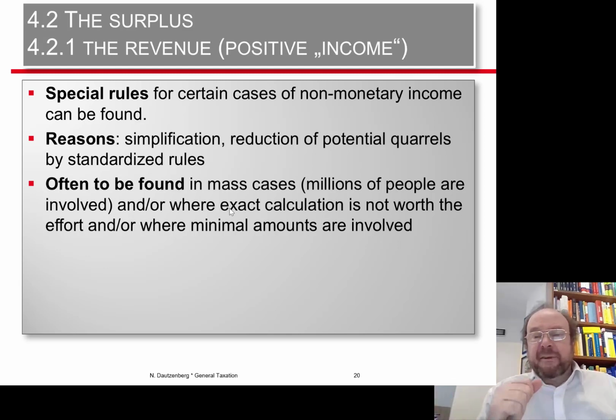and doing all the letters with the taxpayer and dealing with his counter arguments and all that. So very often such standardized market value finding rules for specific cases are to be found in cases which appear in a very massive extent or where exact calculation is extremely difficult and has an extreme unjustifiable workload, so that under the aspect of the bureaucracy cost, all the other taxpayers would just say, don't waste time, it's far more economical for us, the other taxpayers, and for you, the bureaucrats, just to make an approximation.